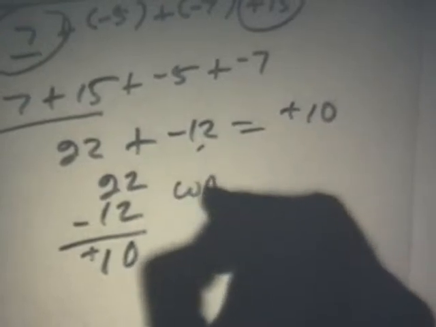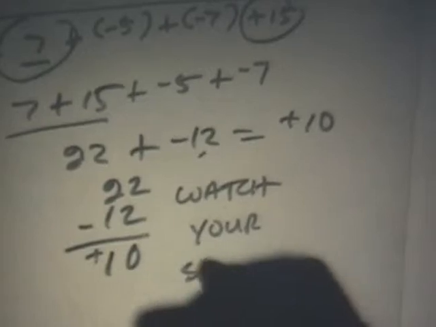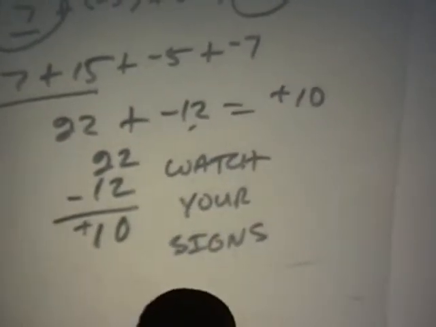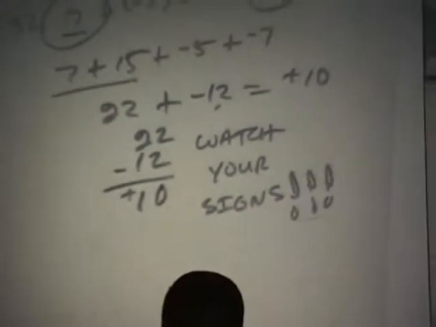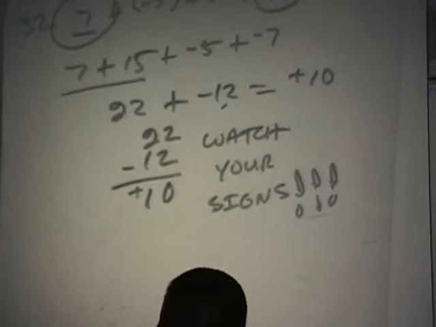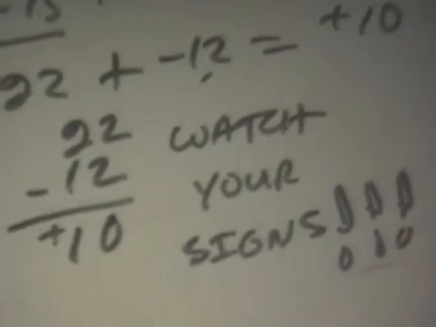And what must you do when you're adding integers with opposite signs? You must watch your signs! Let's put an exclamation mark here, okay? You must watch your signs, right? And you must be what? How do you spell the word meticulous?